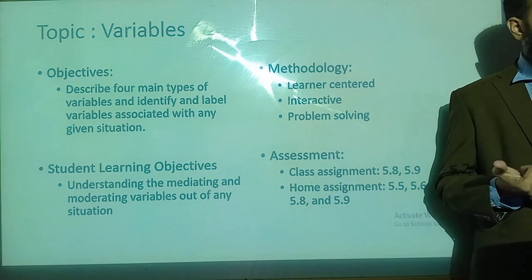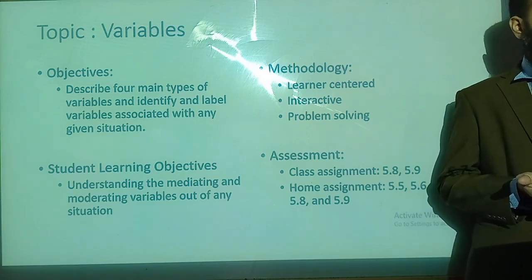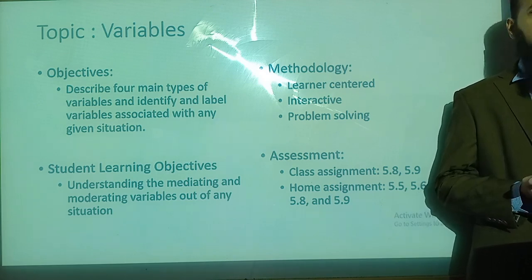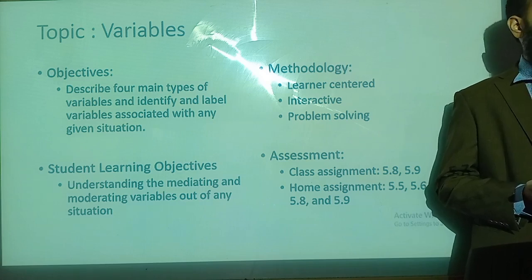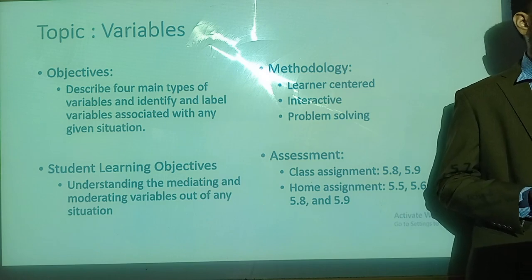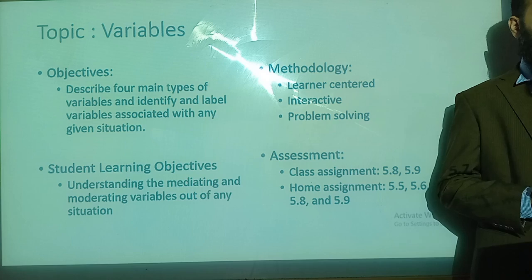So we use the important variables, the critical variables, the significant variables which are impacting the solution of the problem. We will choose them and we will put them in the theoretical framework. So that's what we have learned.